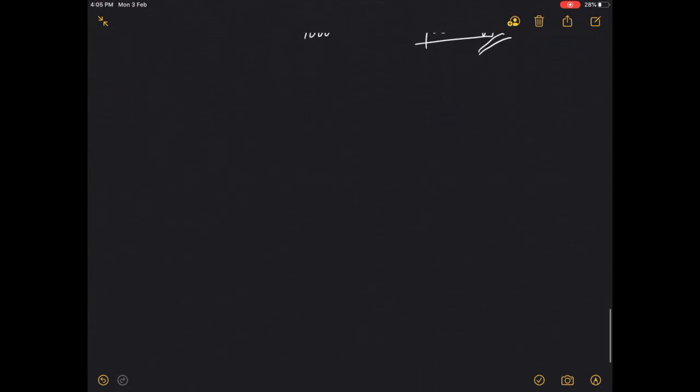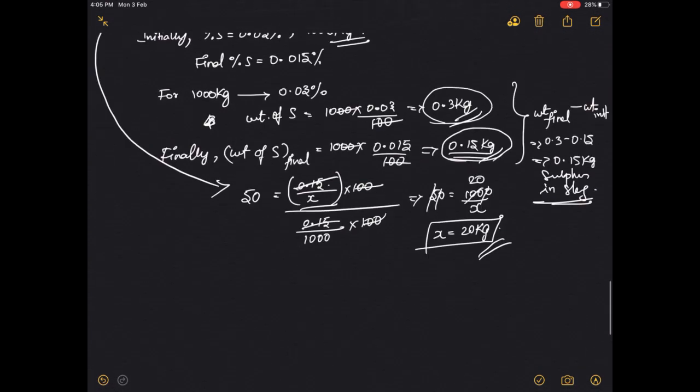The next question, I think it's the 13th question that we are dealing with now. This is also pretty much interesting actually because they clubbed 2-3 concepts in this. What they gave is, they asked to calculate the time of filling of the mold.